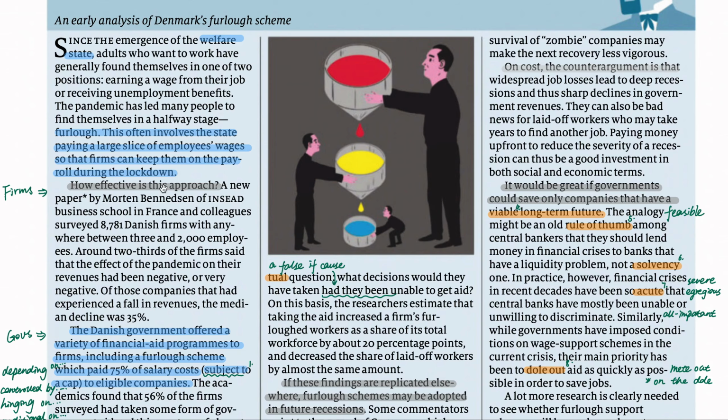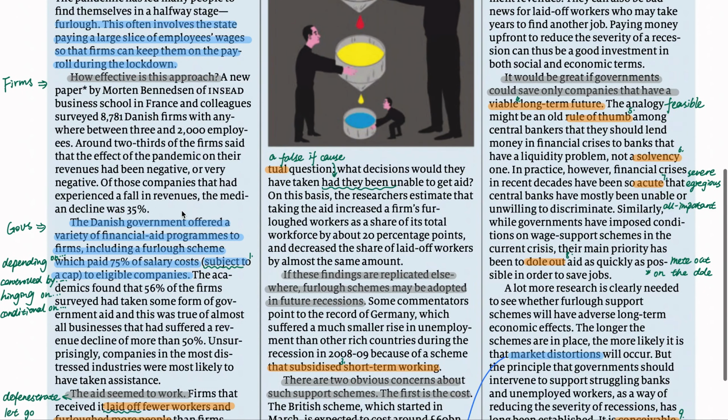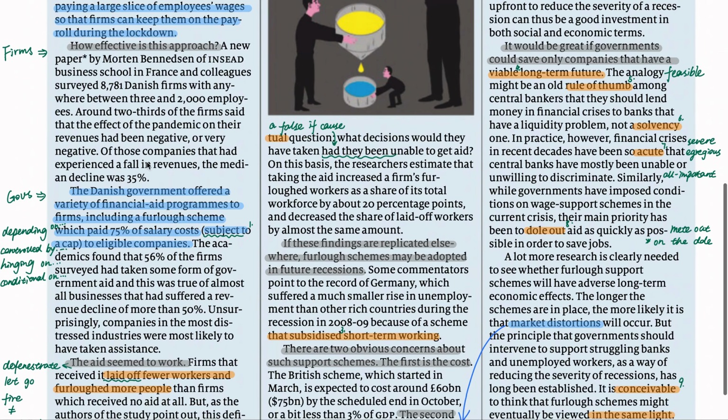Next one, the grey part. How effective is this approach? This is a question which leads the whole paragraph. So this paragraph starts from the perspective of firms, because this INSEAD business school has surveyed 8,781 Danish firms, and they have come to the conclusion that the median decline caused by COVID-19 was 35%.